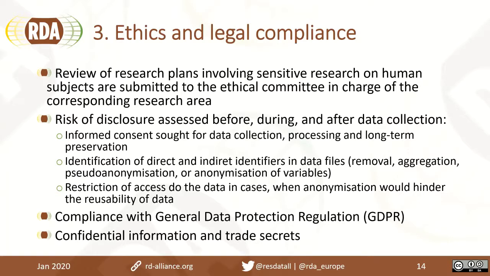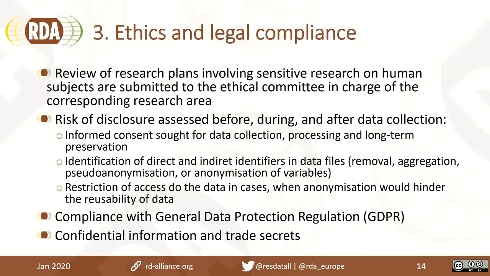When you collect data on humans, it's also important to search for direct and indirect identifiers and to remove them or aggregate them. So some anonymization of variables is needed. And when that's not possible, the solution is restriction of access.